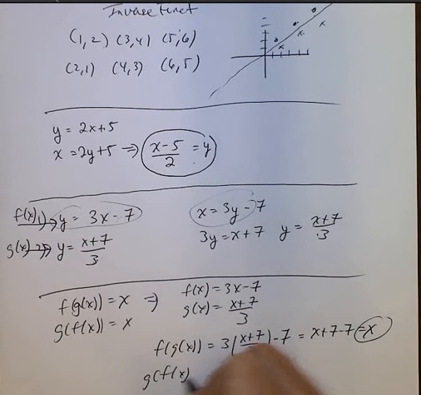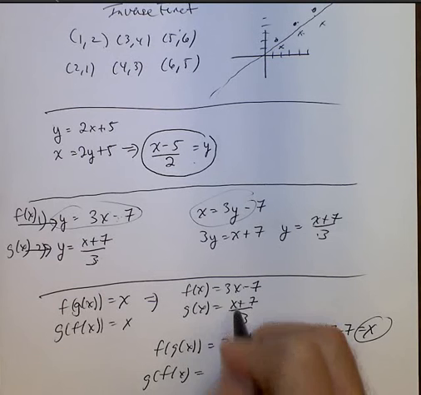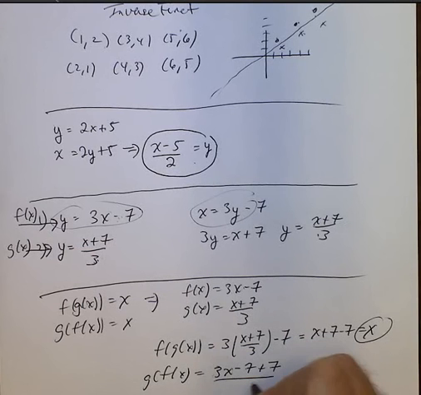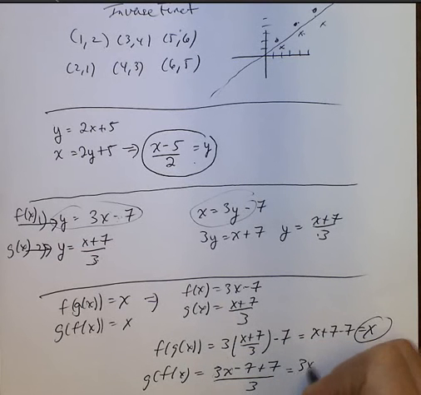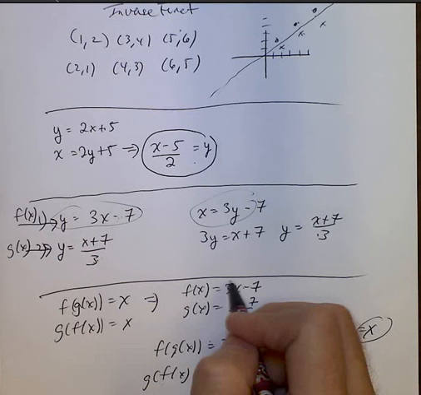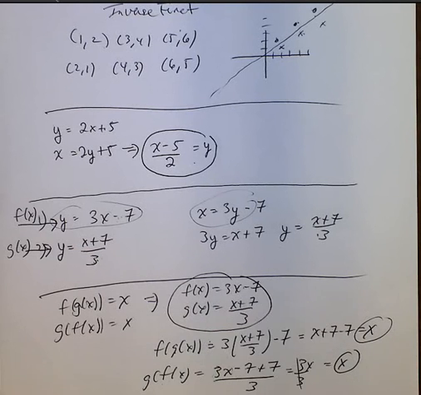When I do g of f of x, instead of x, I'll put 3x minus 7, plus 7, over 3, equals 3x over 3, equals x. So both f of g of x and g of f of x equal x. When that happens, you have proven that these two functions are in fact inverses of each other.